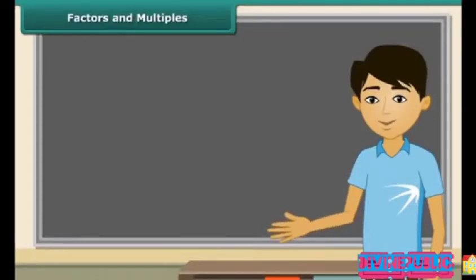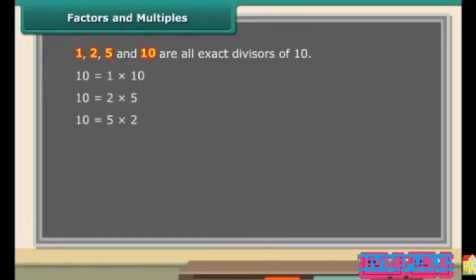A factor of a number is an exact divisor of that number. It means the factor of a number divides the number exactly. For example, 1, 2, 5 and 10 all are exact divisors of 10. Therefore, 1, 2, 5 and 10 are factors of 10.